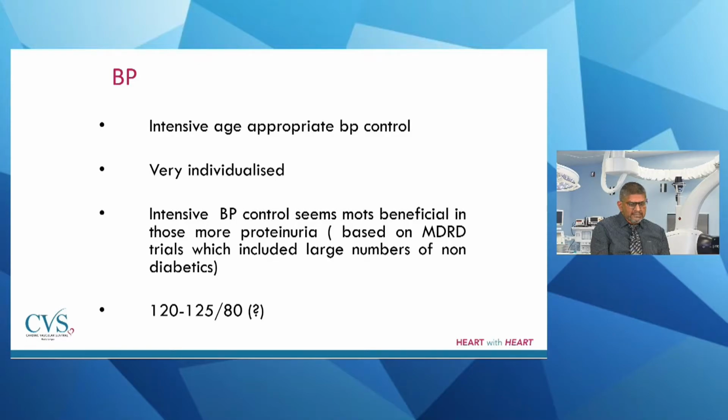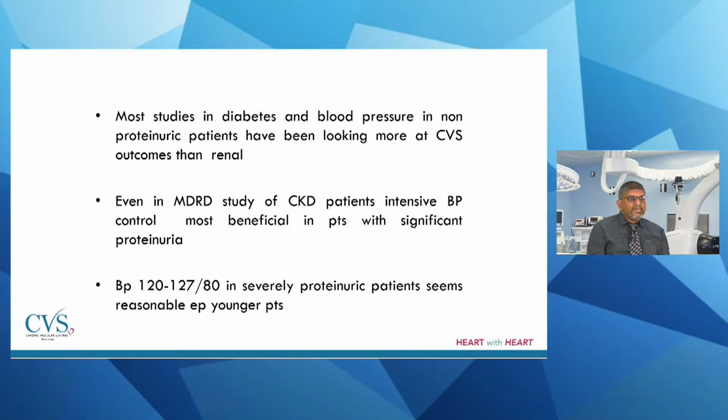But lowering blood pressure, especially in those with proteinuria, the studies are quite strong that lowering the blood pressure reduces microvascular complications. The problem is most of the studies looking at diabetes and blood pressure control in non-proteinuric patients have been looking more at cardiovascular outcomes than renal.